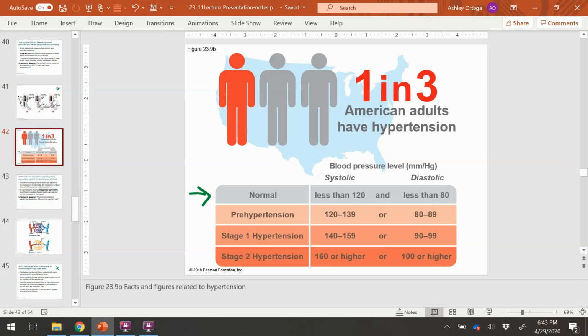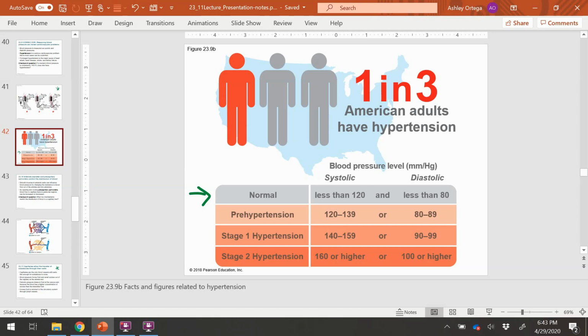The normal blood pressure level for systolic is less than 120. Remember, that's your contracting phase, so it's a higher pressure, versus diastolic, which is less than 80, or 70 ideally. That's the relaxation phase, where the pressure is lower. There are stages of pre-hypertension, stage 1 hypertension, and stage 2 hypertension shown here.